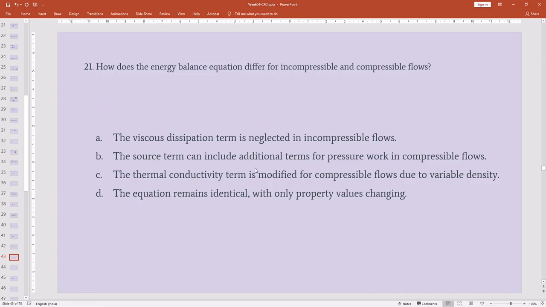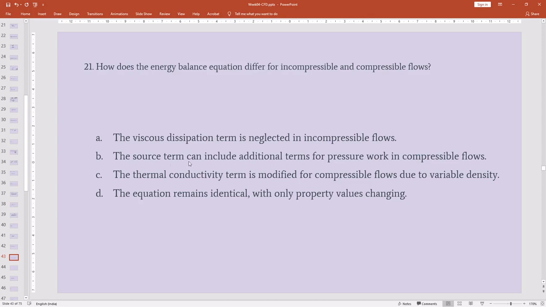Next one, how does the energy balance equation differ for incompressible and compressible flows? First option is viscous dissipation term is neglected in incompressible flows.